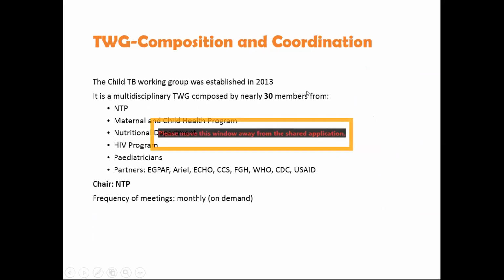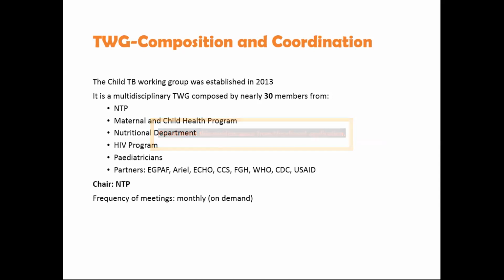So our technical working group was established in 2013. It is a multidisciplinary technical working group composed of nearly 30 members from NTP, Maternal Child Health Program, Nutritional Department, HIV Program. We have pediatricians from the Pediatric Association and partners and NGOs.